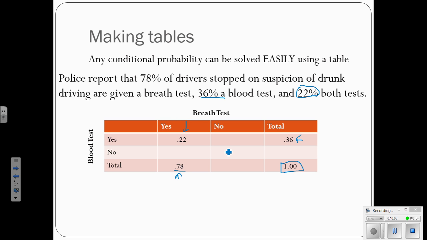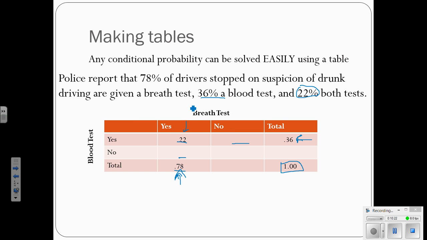It's at this point that we can start filling in the gaps, where this entire row right here must sum to 36, so 0.22, 0.14. This entire row must sum to 0.78. That's how we're going to get that 0.56.